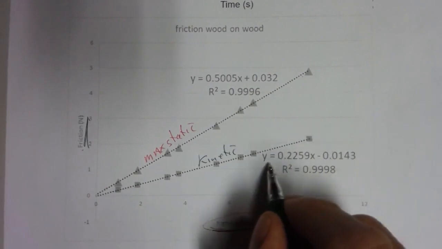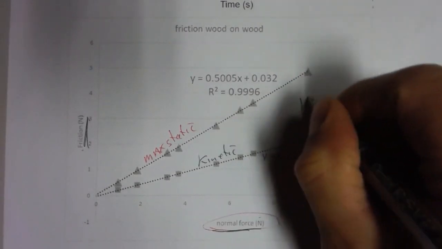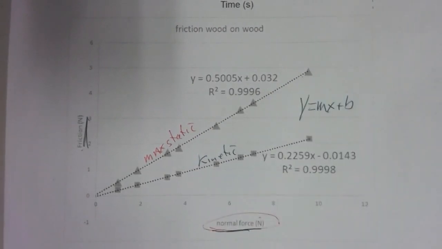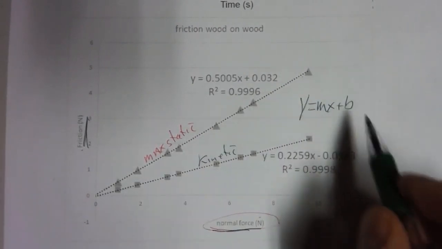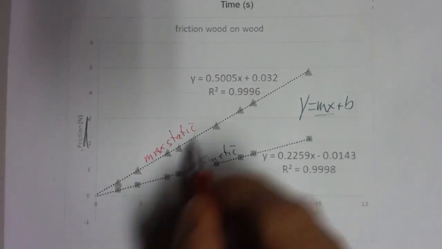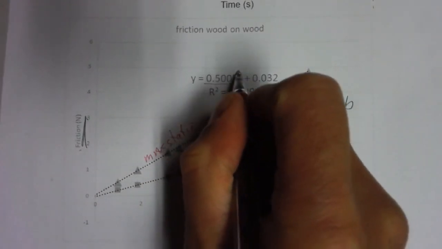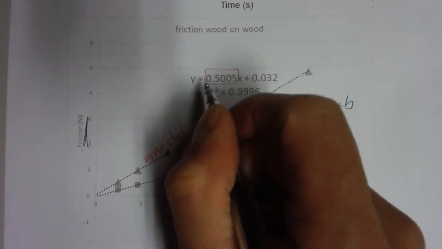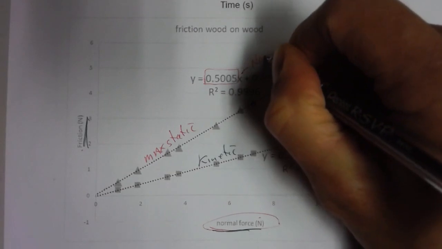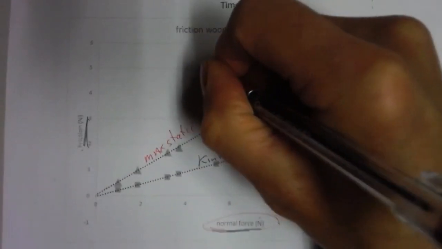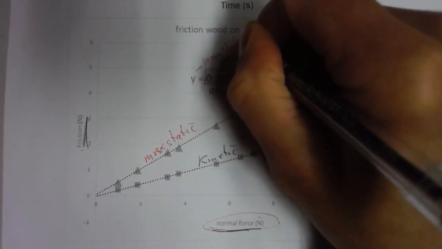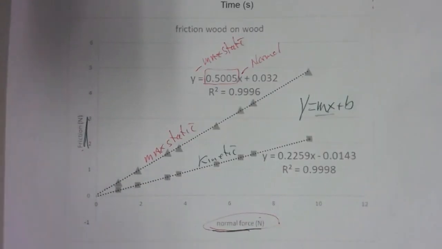Now, the equation for a line, as you all should know, is y equals mx plus b, right? Where y and x are your axes, your variables, and m is your slope. So we can see here for static friction, we've got a consistent slope, a consistent relationship between normal force, our x-axis, and max static, our y-axis.